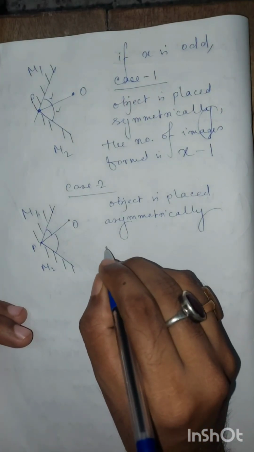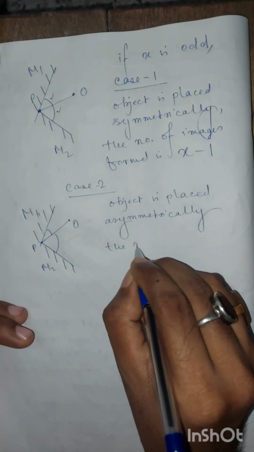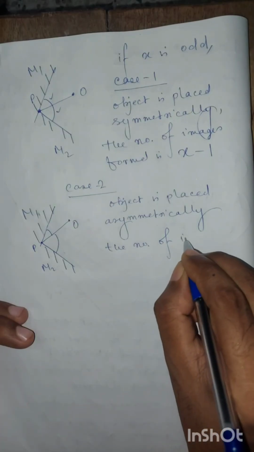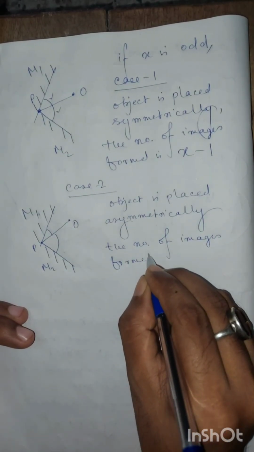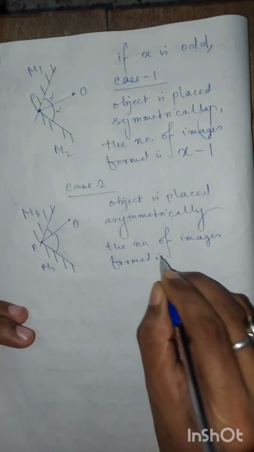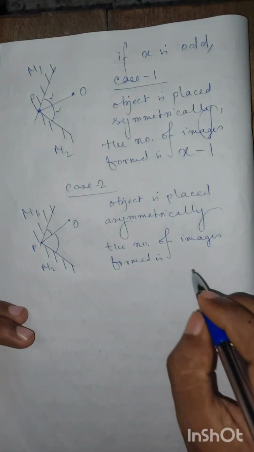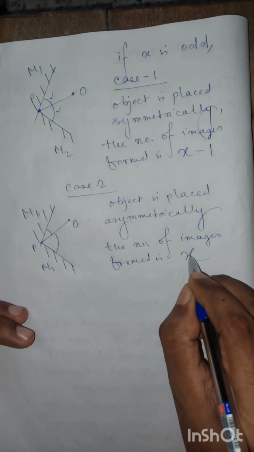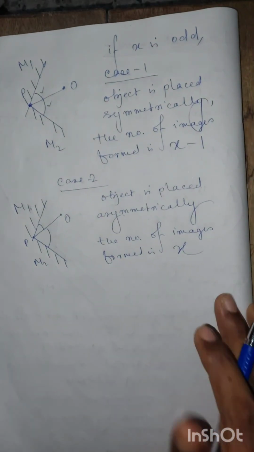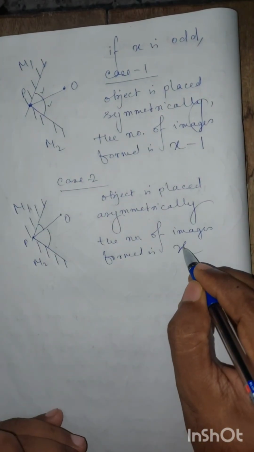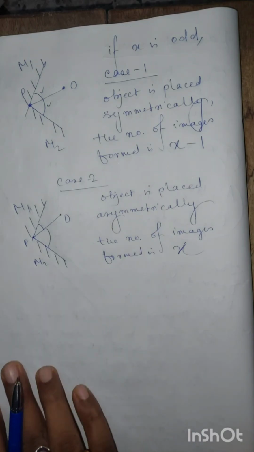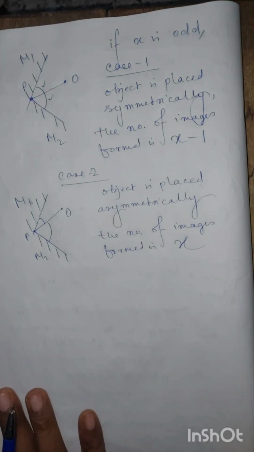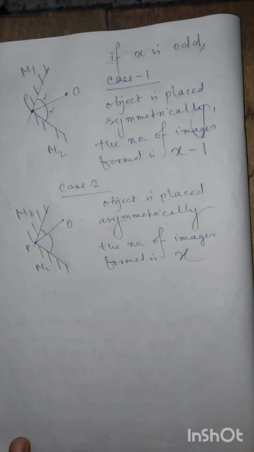Then the number of images formed is equal to x, one more than the previous case. Okay, so I hope you have understood it.